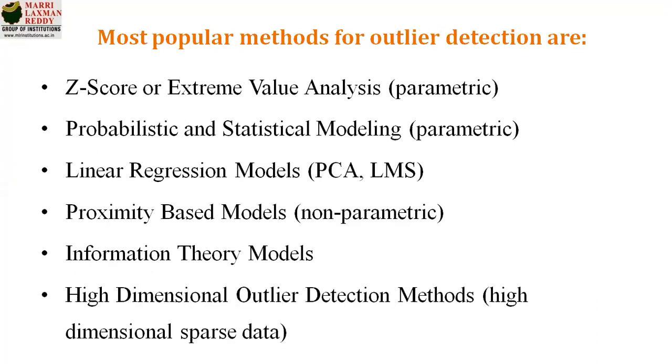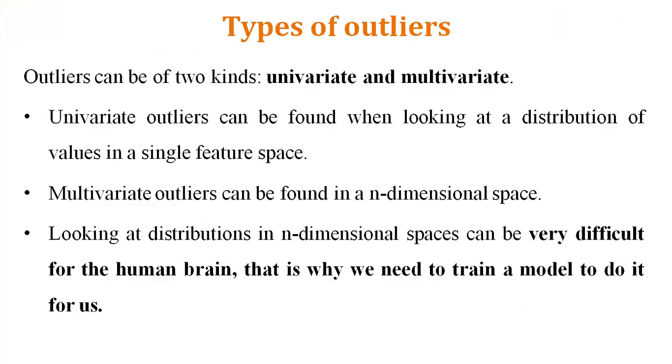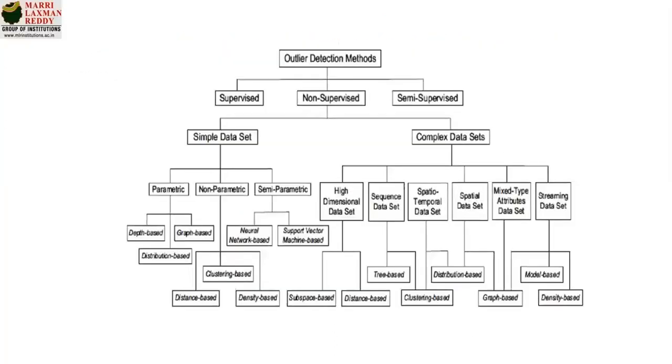Okay. So the most popular methods for outlier detection are z-score or extreme value analysis, which is a parametric method. As we have seen in the previous slide about different outlier detection methods, here we have seen parametric, non-parametric, and semi-parametric methods.